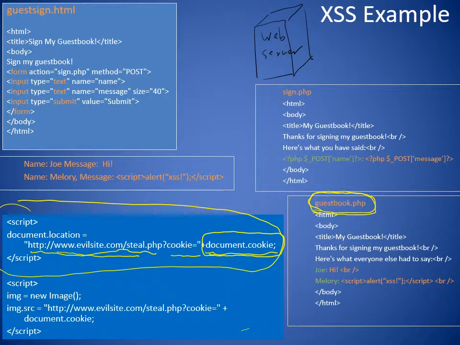And similarly, the attacker can attach some other code like this. What this code does is fetch an image from a remote location, which is hosted by the attacker at evilsite.com, and by fetching this image, the attacker can attach the document.cookie, or the session key, so that the attacker at evilsite.com will be able to receive the document.cookie.